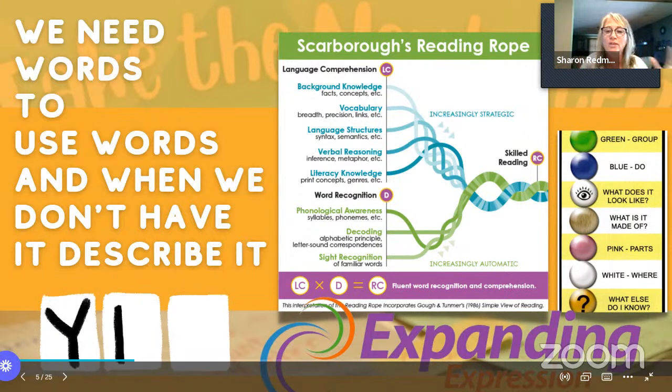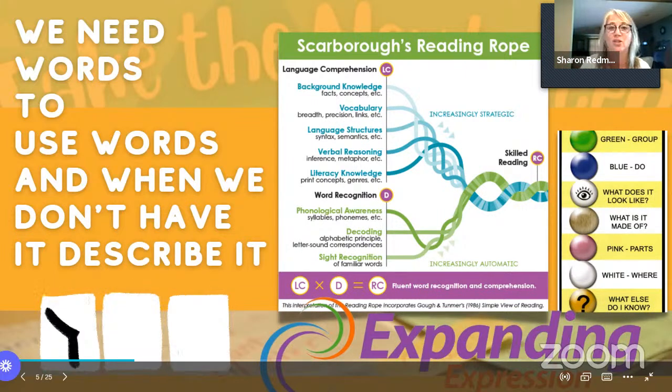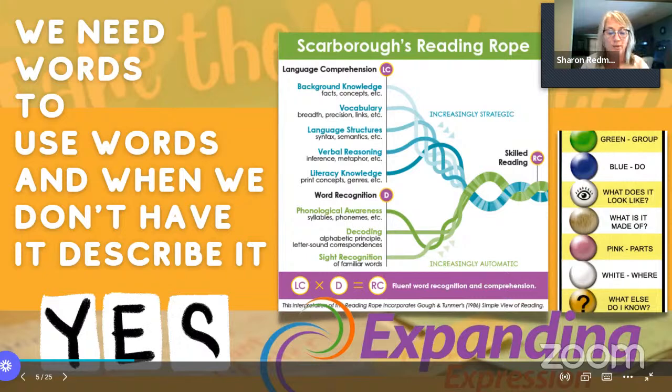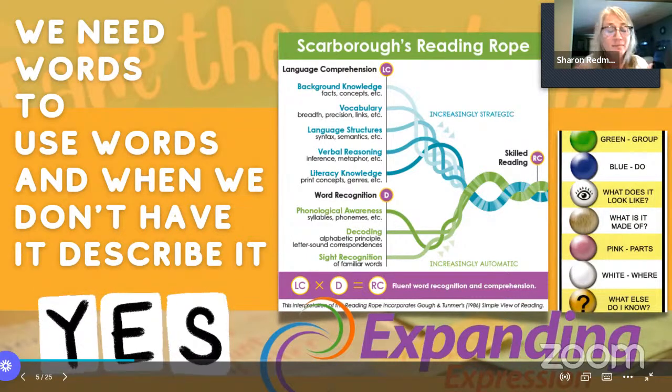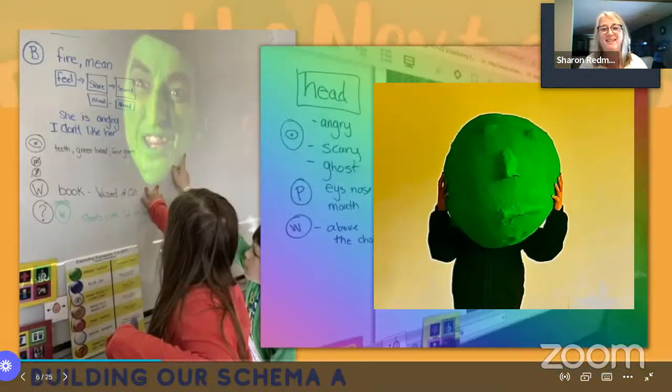In using all of these tools, we need these words, right? And if we don't have them, then we need to describe them. So using the descriptive teaching approach and bringing those tools out, we set that foundation to get there and do that next step. I love that.